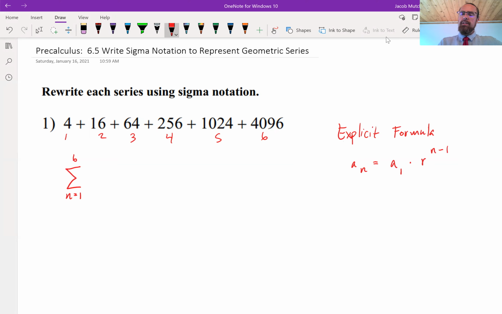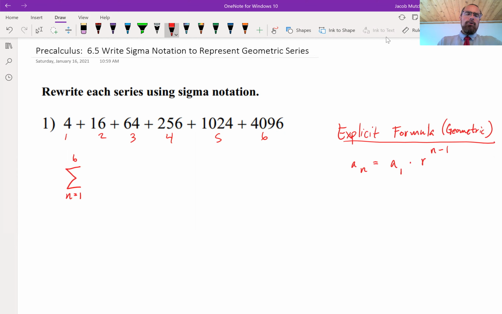And again, this is the explicit formula for geometric. So what we need to do is create this formula. I just want to input my a sub 1, my common ratio, and then we'll be good to input this over here into our sigma notation.